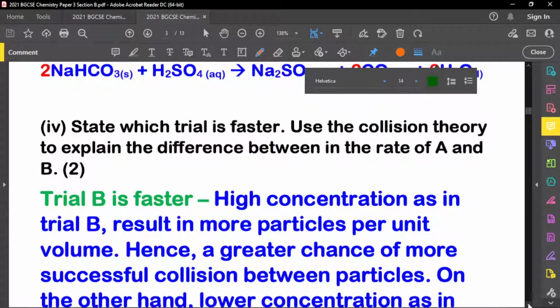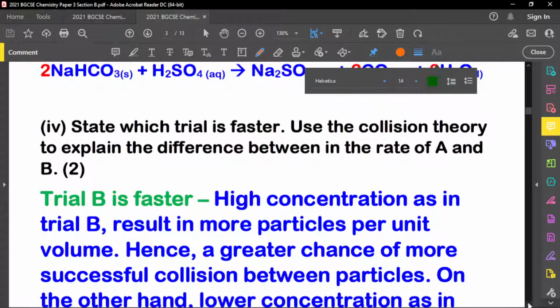By collision theory, if you have a higher concentration, as in trial B, it results in more particles per unit volume. As a result, there is a greater chance of more collisions taking place. Properly stated, you have a greater chance of more successful collisions between the particles.